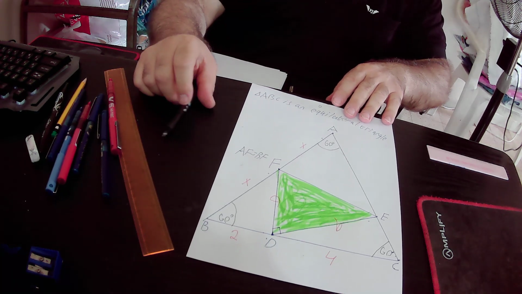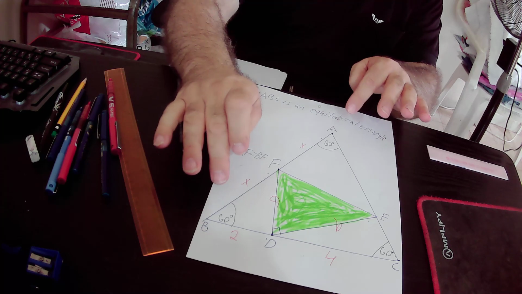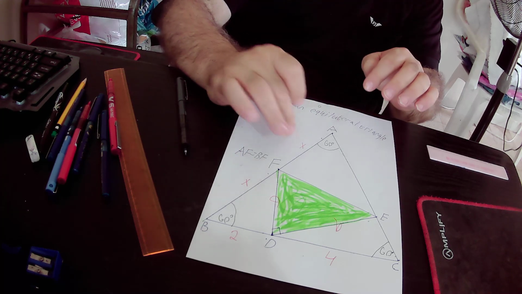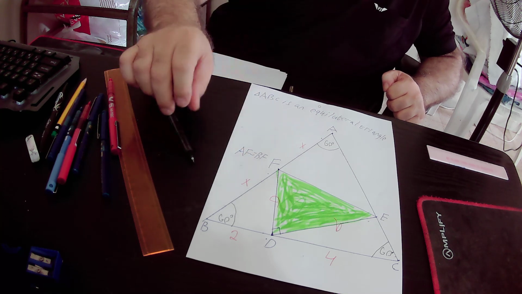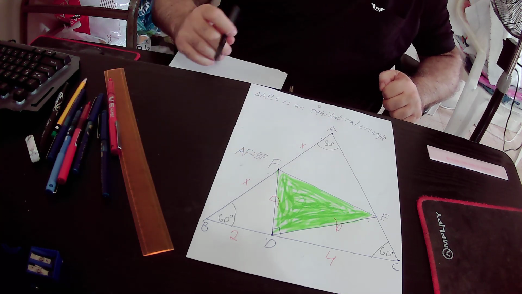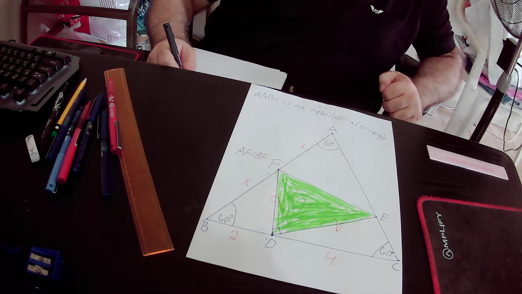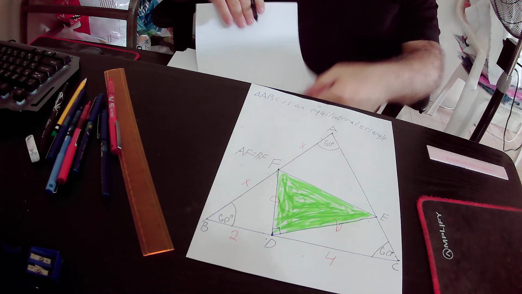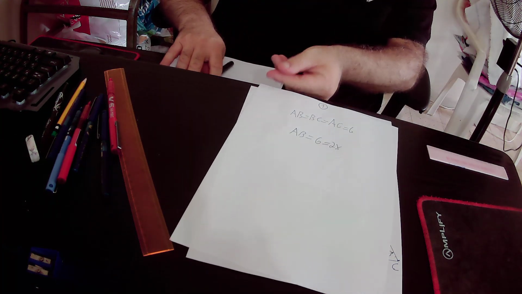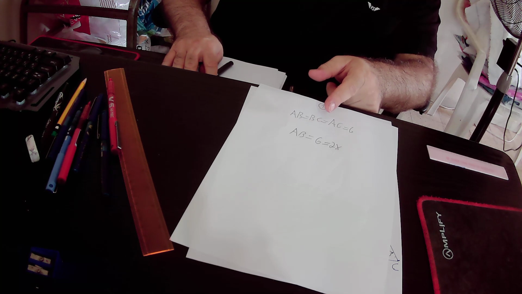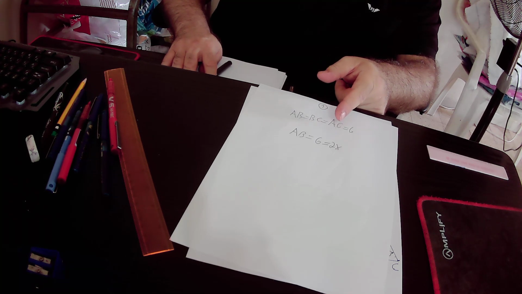So AB equals AF, that is X, plus BF, that is also X. That is to say AB equals X plus X, or AB equals 2X. So we have this equality that AB equals 6 equals 2X.